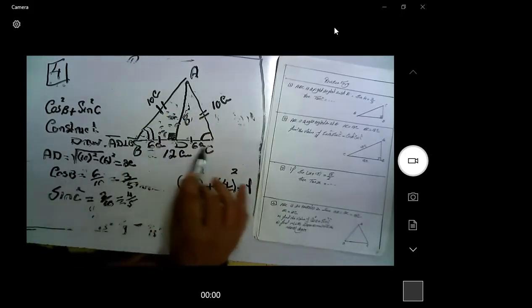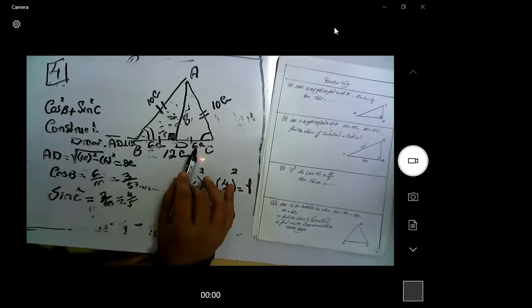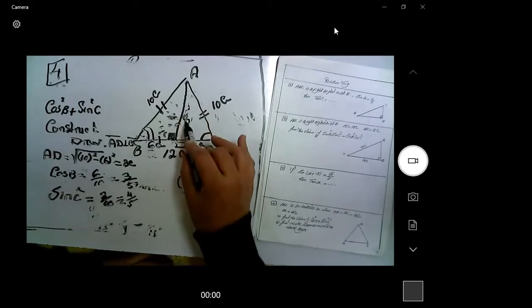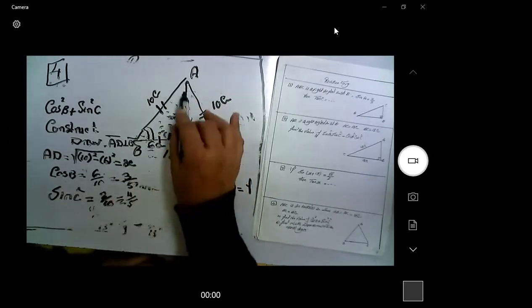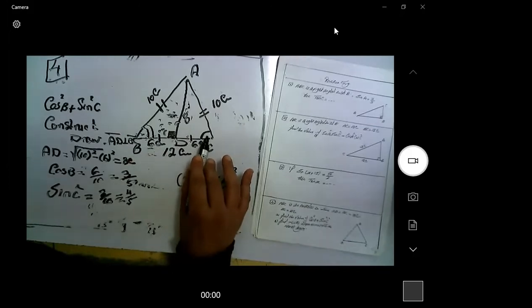AD is drawn perpendicular to BC, bisects base BC into 6 centimeters and 6 centimeters. Then you will get the length of AD using Pythagoras. You have square root 10 square minus 6 square. Then the length of AD is 8 centimeters. Okay? Then now you can get cosine angle B and sine angle C.